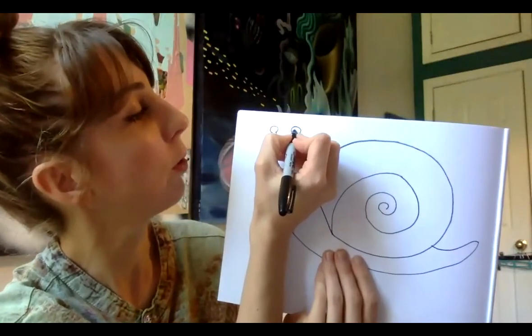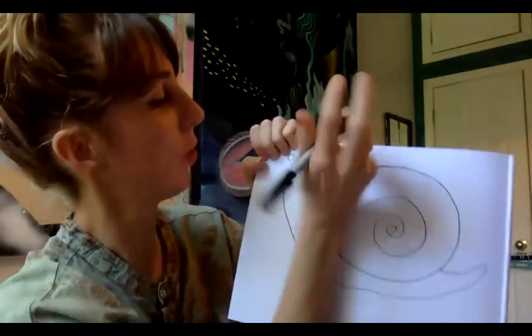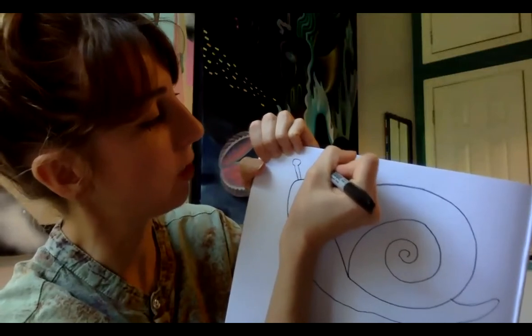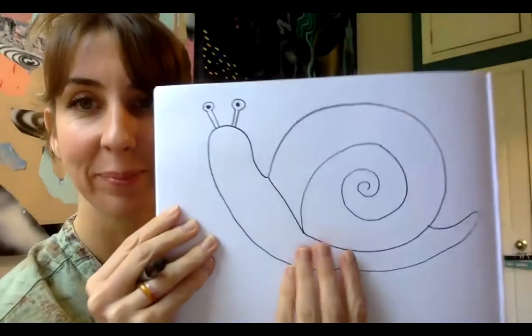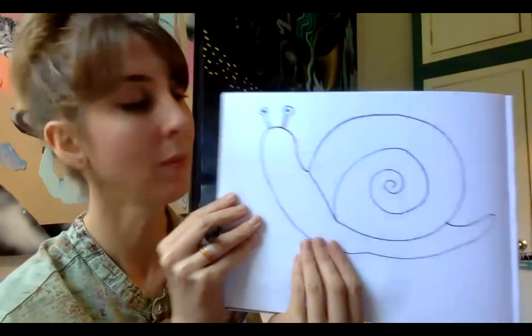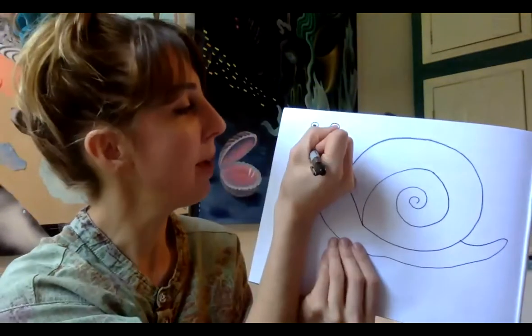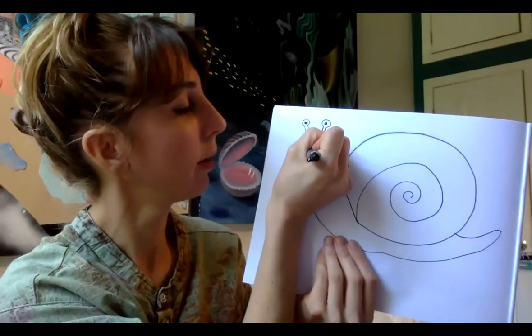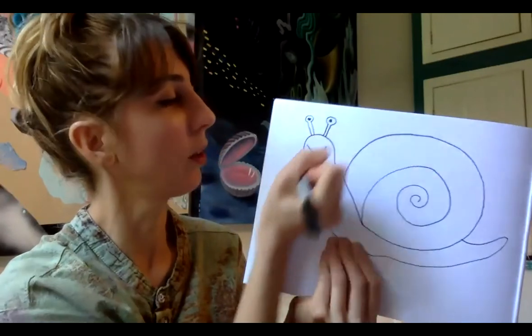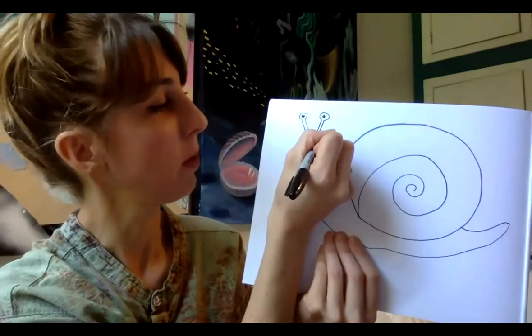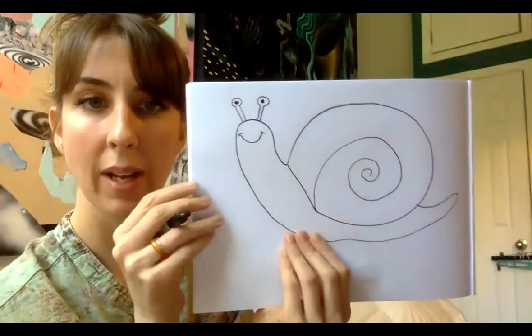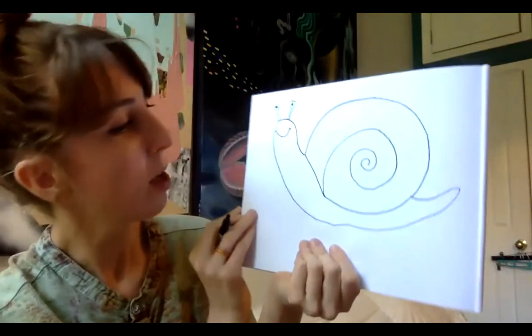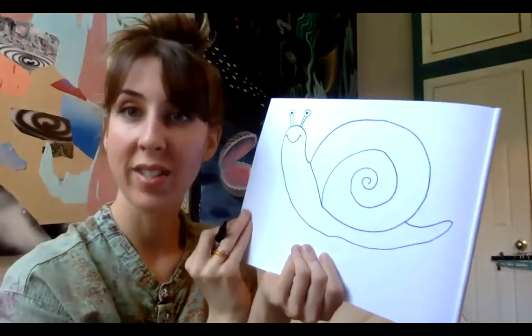And then we're going to draw another circle inside. I'm going to fill it in dark. Okay, like that. Okay, and now we're going to draw a happy mouth, a curve, maybe two little curves for his cheeks. Okay, and that's it.